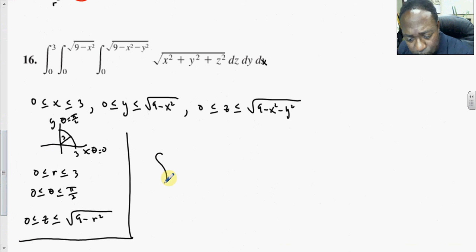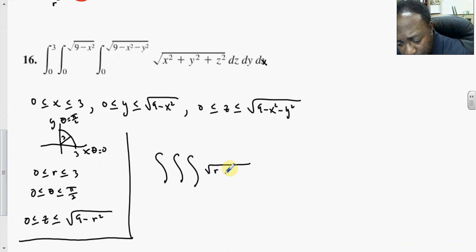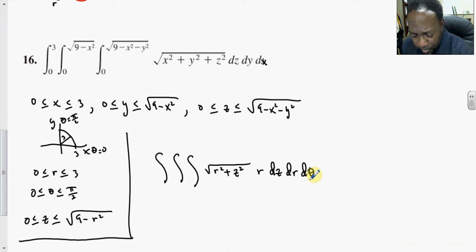So I have this triple integral, just write the integrals. This square root, x squared plus y squared, for cylindrical coordinates is r squared, plus we maintain z. This is r dz dr d theta.